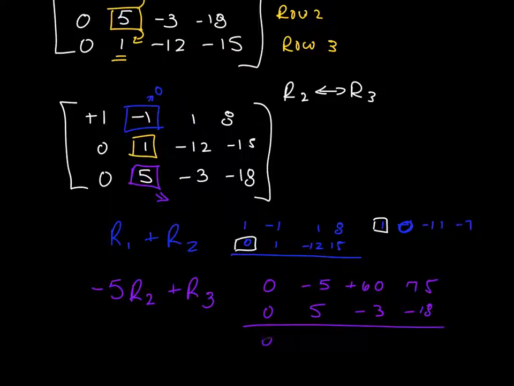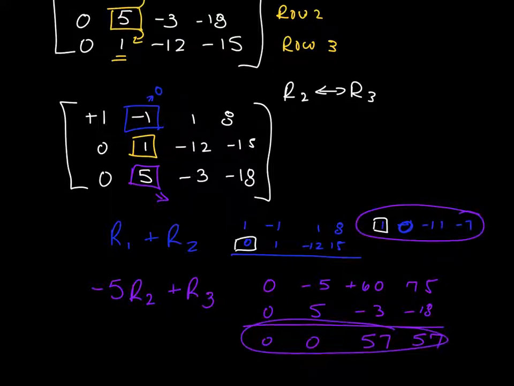Adding that together, I get my new row, which is 0, 0, 57, and 57. All right, so we are going to replace row 2 with this and row 3 with this.